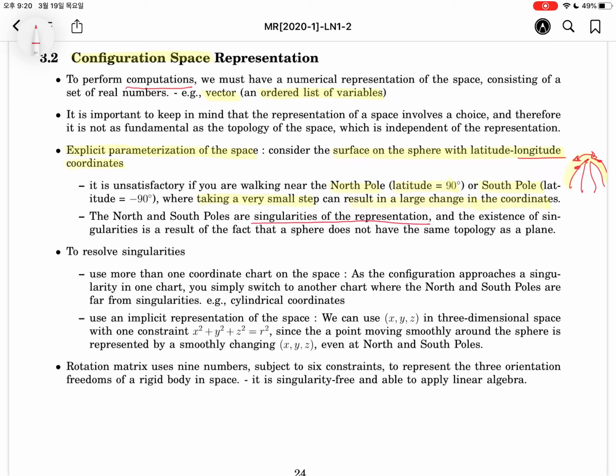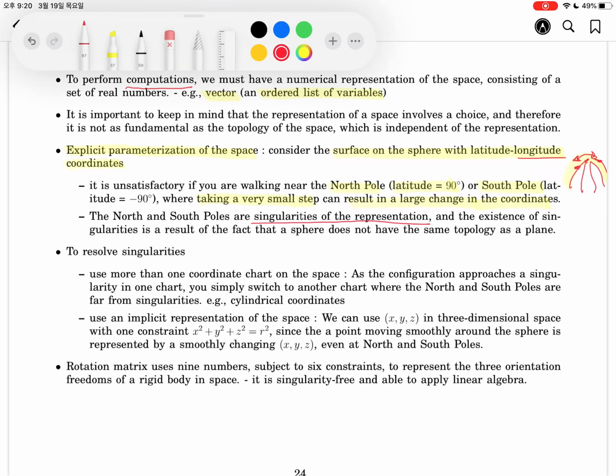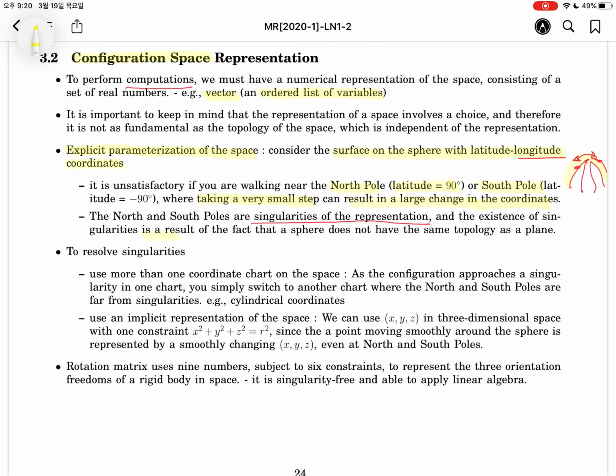This kind of phenomenon is called the singularity of the representation. In short, representation singularity. This kind of singularity appears as a result of the fact that a sphere does not have the same topology as a plane. Actually, we are using the real number system.